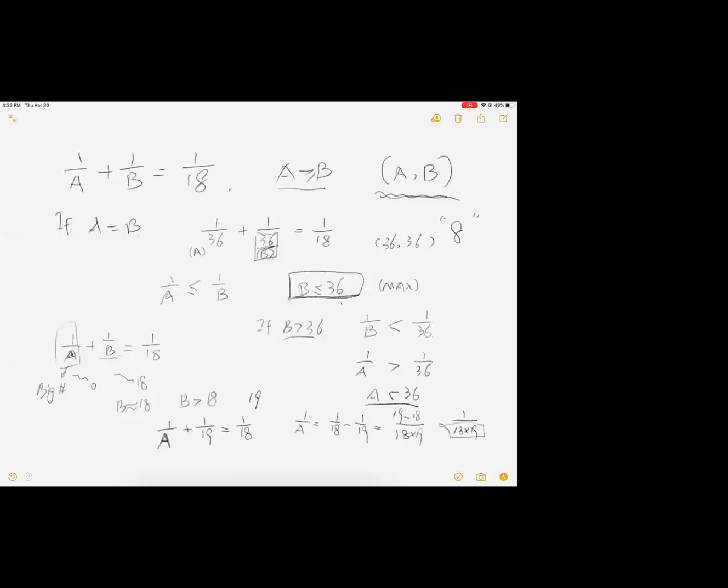I won't calculate this number, but I know this is a whole number, right? So B is greater than or equal to 19, less than or equal to 36, okay? So this is like the first steps. I know the range of B. And this is about 18 numbers, but not all of them would work. Okay, let's keep going.